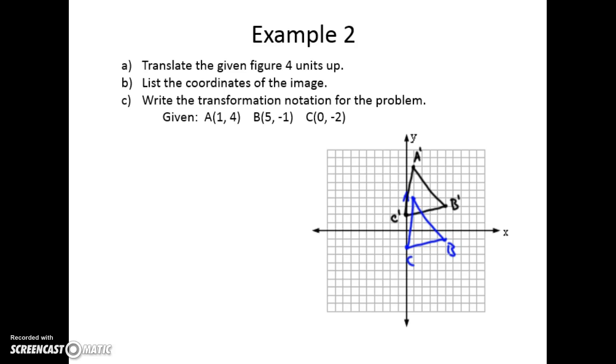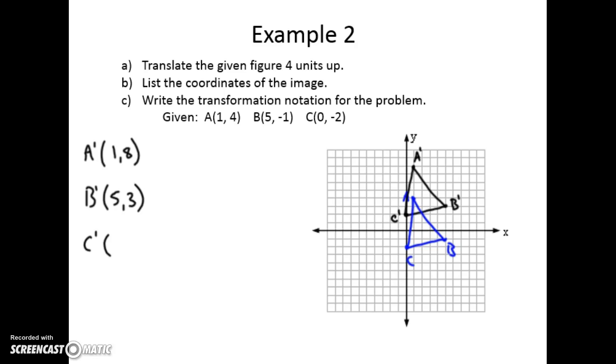So let's go ahead and list the A prime, B prime, and C prime. So A prime would be 1, 8. B prime would be 5, 3.